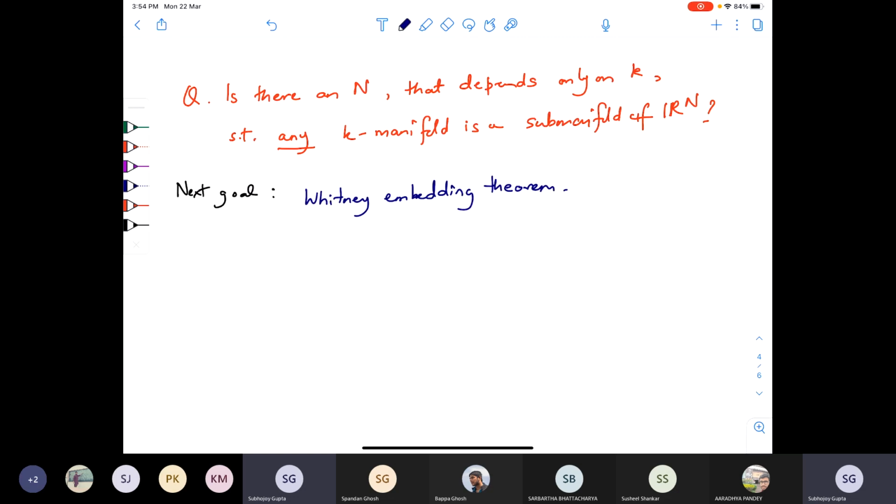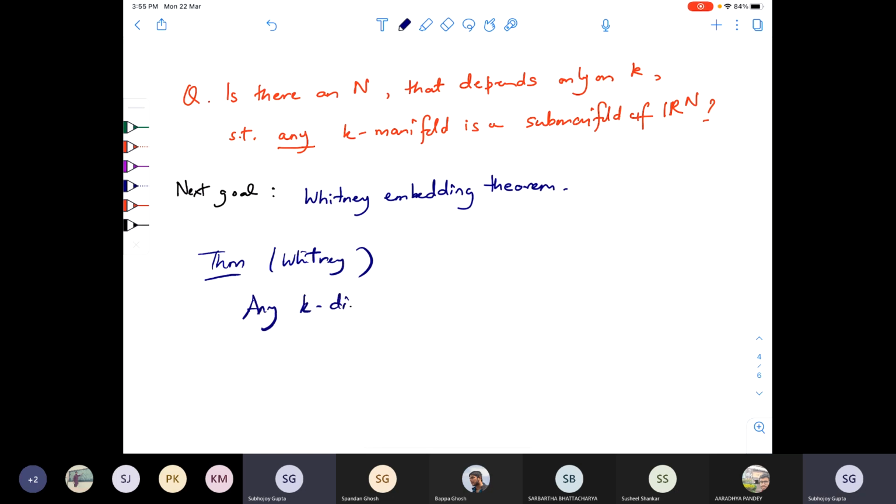Here's what we really want to prove: the Whitney embedding theorem, and it's simple. Any k-dimensional manifold, smooth manifold of course, embeds in R to the 2k plus 1.